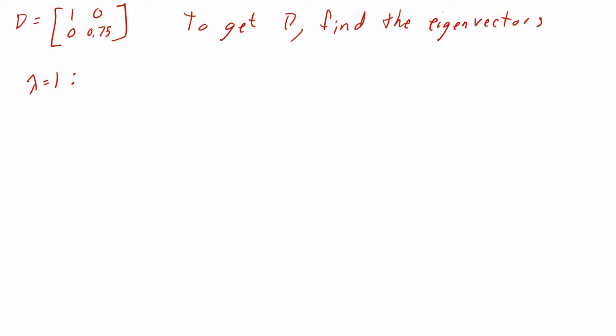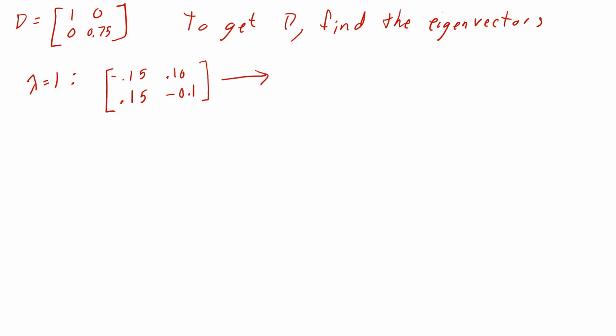If lambda equals 1, what do we have? We get negative 0.15, 0.15, 0.10, negative 0.10. Oops, that should be 0.15. That's what I'm missing. Okay.